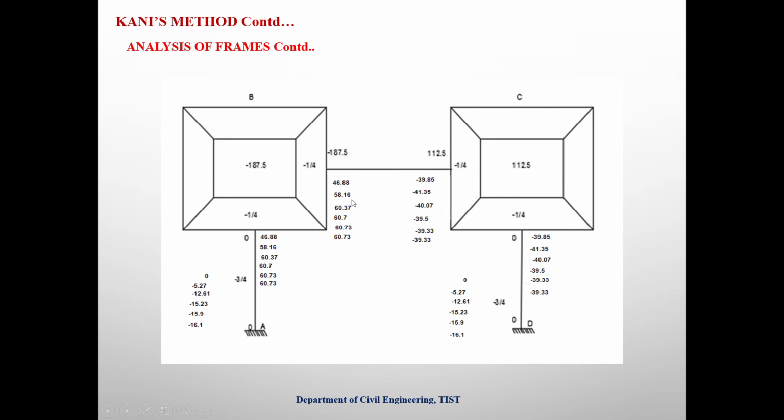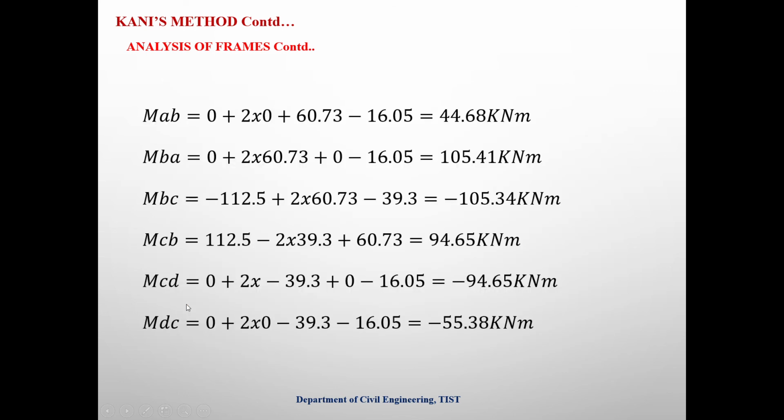Similarly, you have to continue the Kani's distribution and Kani's iteration till the value is the same as in the previous one. After that, we have to find the final end moments. Then how will you get the final end moments?